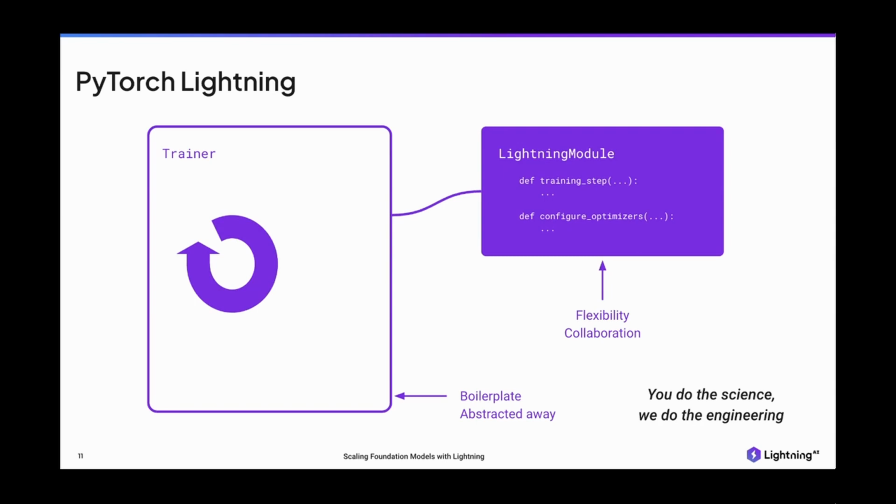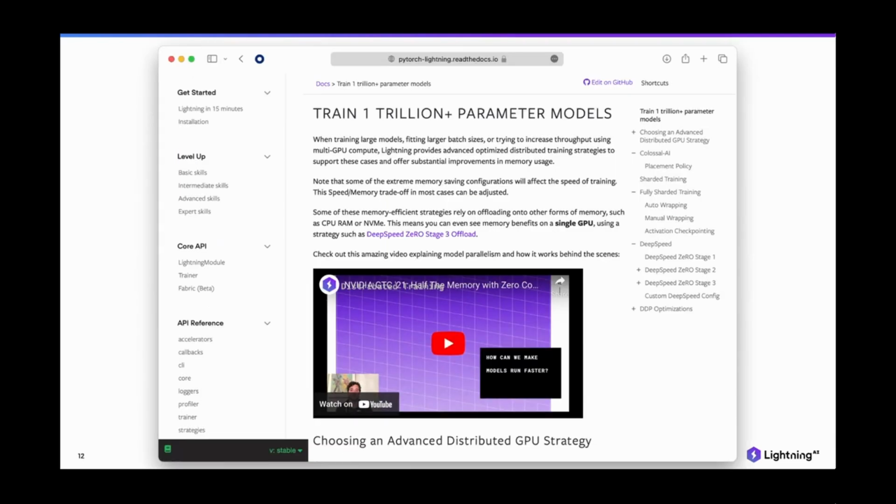So as I was mentioning, the Lightning module is where the flexibility and collaboration is, and the trainer is for whatever is abstracted away and that we consider boilerplate. So you focus on the science and we do the engineering. This doesn't mean that you cannot scale up.